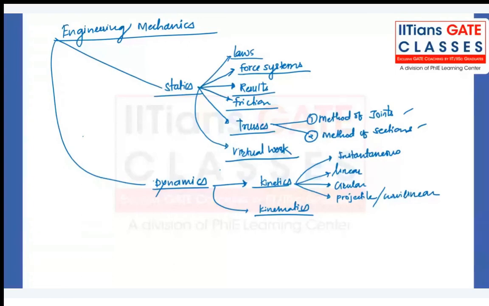But there you will mainly focus on applying this instantaneous center method to find the velocities for mechanisms such as the single slider crank chain mechanism or four bar chain mechanism, etc. But for general students, I think whatever we have studied here is enough. If you have a basic idea about the instantaneous center, you should be able to solve the general problems.